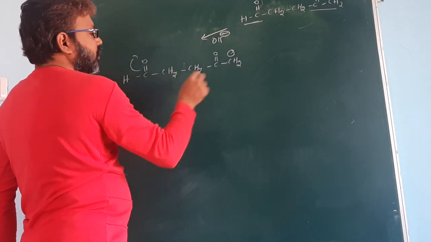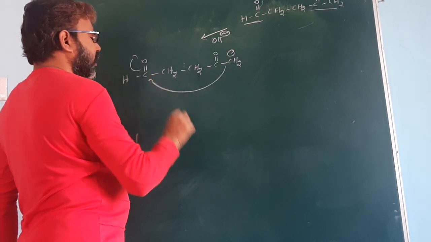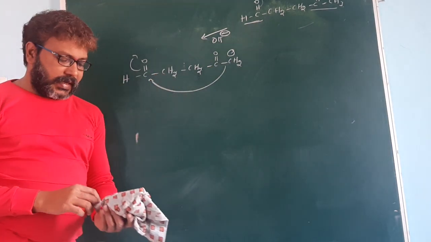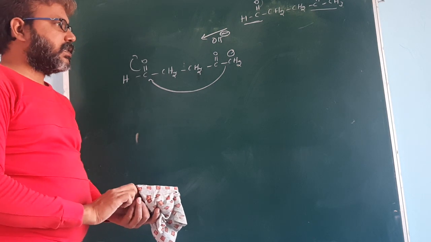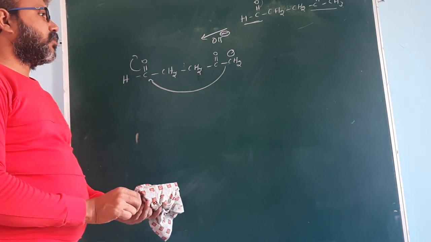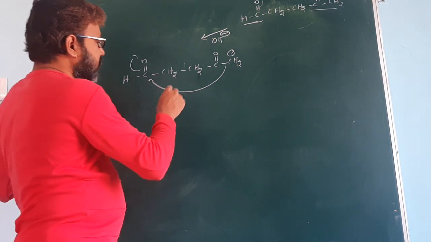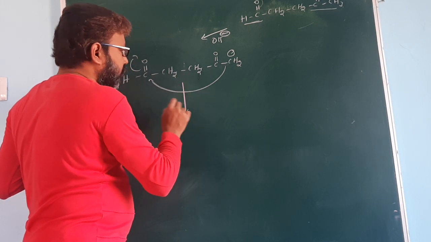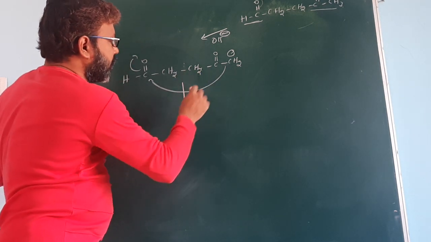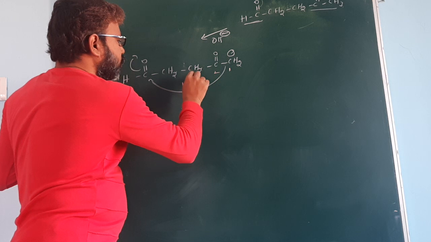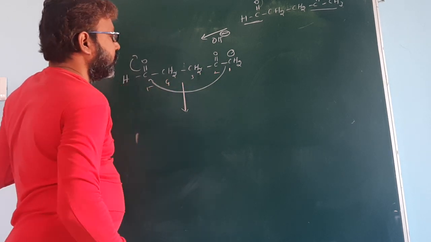Now this pi bond electron shifted to here. It attacks here. So it is an internal aldol condensation. Okay, so intra aldol condensation, intramolecular aldol condensation. You get a 5-membered ring 1 2 3 4 5.